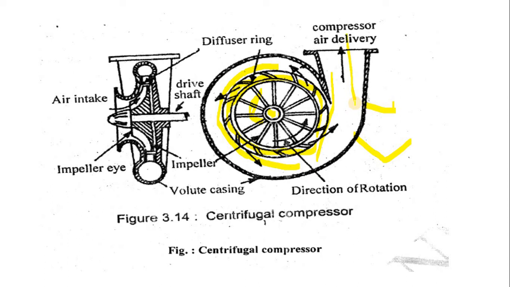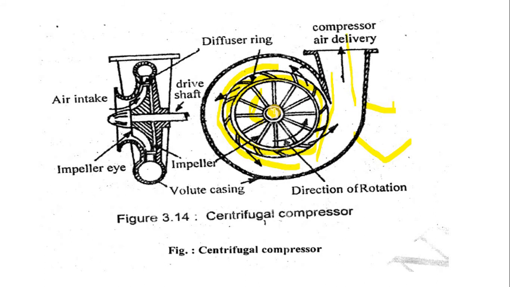I repeat once again: the air from the atmosphere comes in through the inlet section, and the impeller is mounted on the shaft of the electrical motor. The impeller is already rotating at high speed. When the atmospheric air comes in contact with the impeller blade, it exerts a force on it, and the air velocity increases, and the speed and pressure also increase because of the centrifugal action.